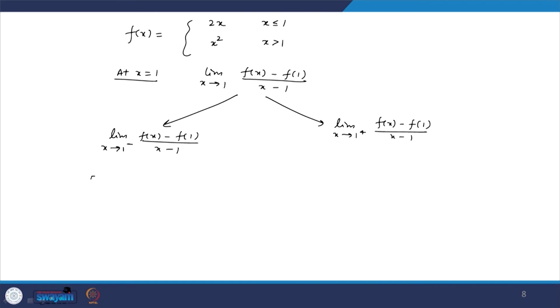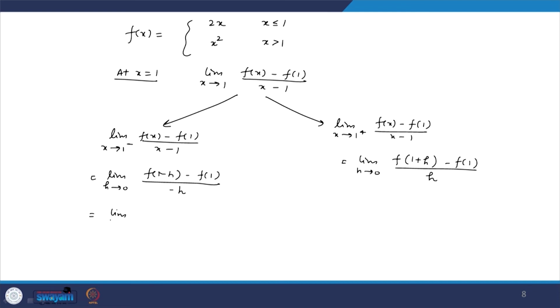So, this is basically equal to limit h tending to 0, where you replace x by 1 minus h, (f(1 minus h) minus f(1)) upon minus h, and for the right hand limit, limit h tending to 0, you replace x by 1 plus h, (f(1 plus h) minus f(1)) upon h.